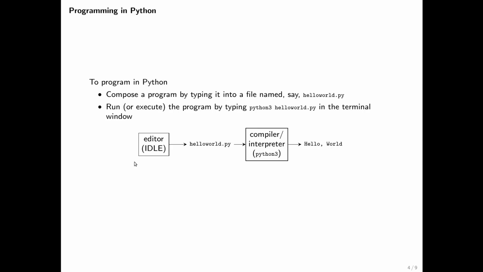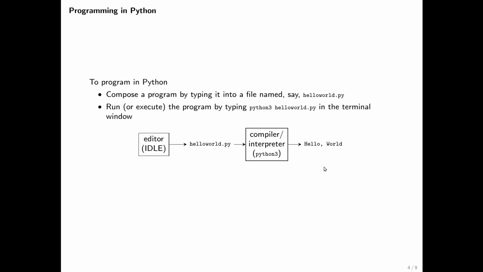We're going to write our Python programs using IDLE, a very simple IDE or editor. And then we feed that program as an input to the compiler or the interpreter, which is called python3, and we get the desired output. And if we are not content with this output, then maybe something is wrong with the program that we wrote. So we go back and fix it, and then run the modified program, and so on.